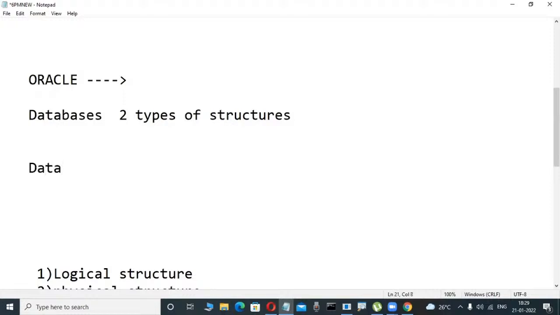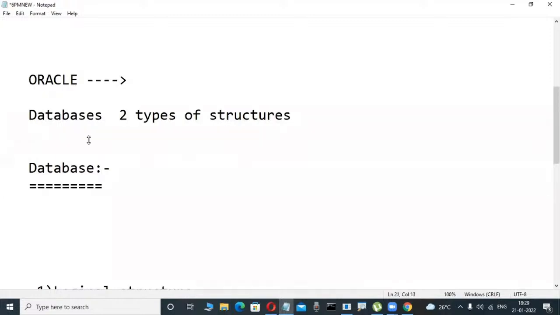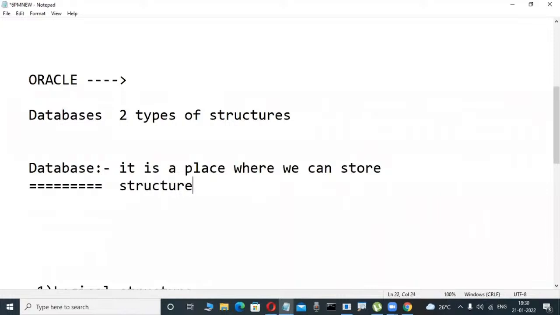What is a database? If you observe in Google or in books, it is a place, don't read it, a place in a computer system where we can store a structured collection of data.